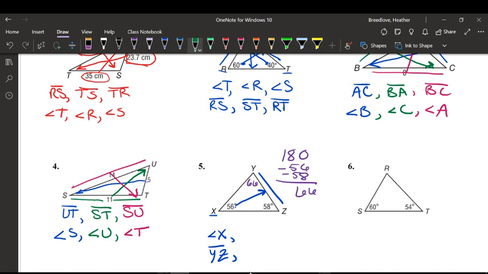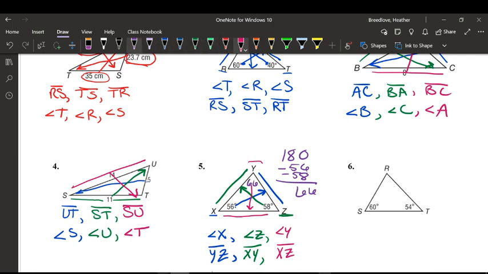The next largest number is 58 degrees. 58 degrees is angle Z. The side across from 58 is the medium side length, XY. And then last, the largest angle is 66 degrees. That is angle Y. Across from angle Y is the only remaining side, side XZ. So the larger angle is across from the larger side.